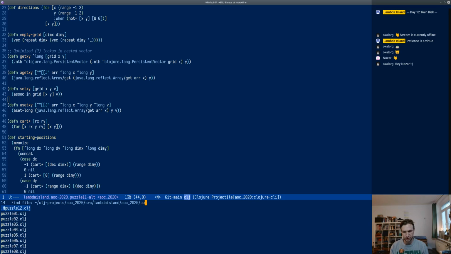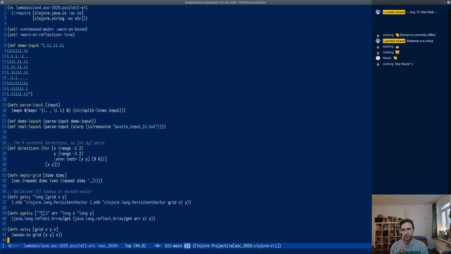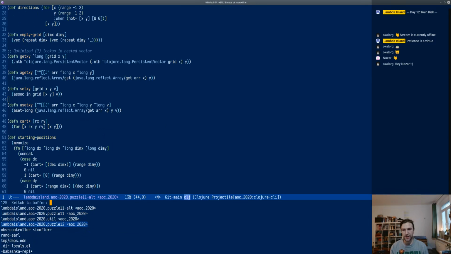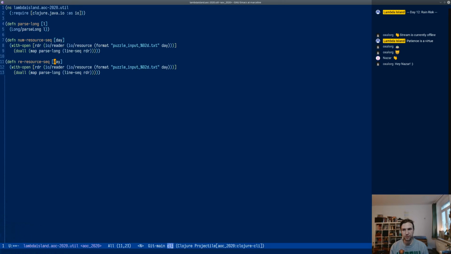I did afterwards go back and port it over to this kind of hacky optimized lookup in nested vectors, which does not do boundary checking, so you're going to get exceptions if you're out of bounds, but it is the fastest you can get, and that did speed things up significantly. So my final solution was 500 milliseconds for part 2, which, looking at what people were saying in Clojurians on the Advent of Code channel, was pretty good. So all in all, let's say that was a success.